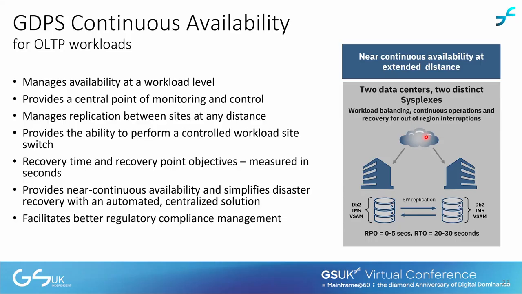And not only that, we're now at unlimited distances because of the software replication. We've moved away from asynchronous replication. We've moved away from synchronous replication and disk-based replication. Now we're at software replication, and we're able to replicate data from sysplex A to sysplex B utilizing routers and switches. And not only that, GDPS still continues to do what it needs to do under the covers.